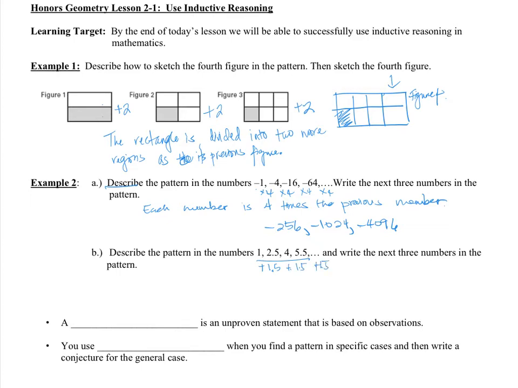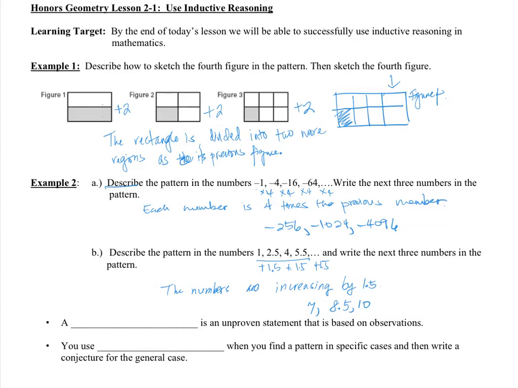So I can write the numbers are increasing by 1.5. So the next one will be 7, and then 8.5, and then 10.